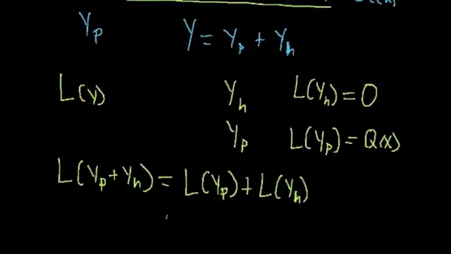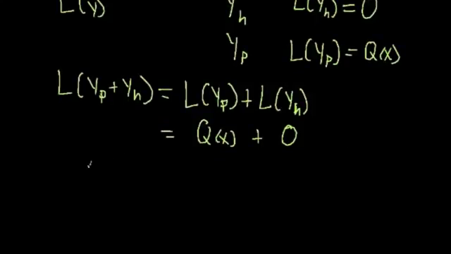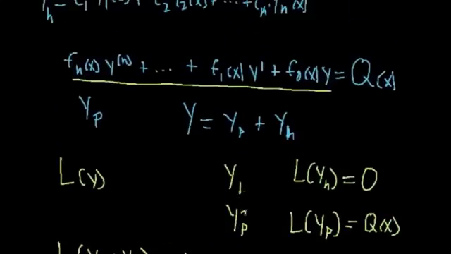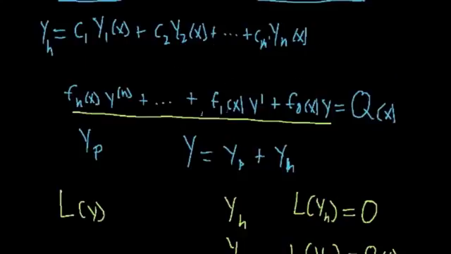And we know that this is just equal to q of x plus 0, which means that L acting on the particular solution plus the homogeneous solution is just equal to q of x, which means that yp plus yh is also a solution to the non-homogeneous case.